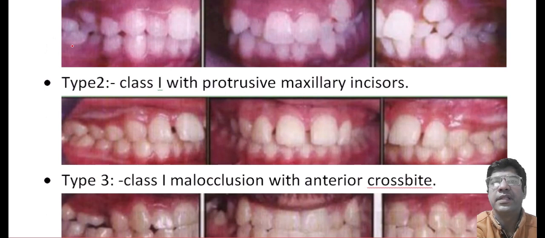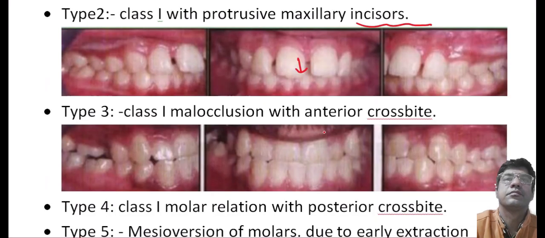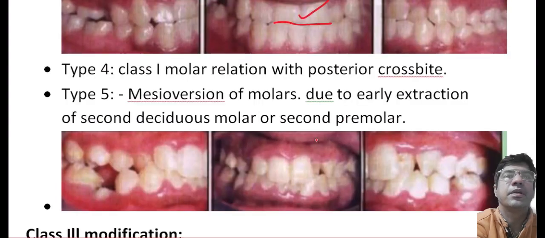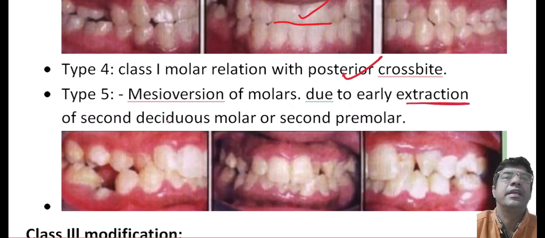Type 2 is Class 1 malocclusion with protrusive maxillary incisors. When there is anterior crossbite, that is Type 3, as you can see here. Type 4 is Class 1 molar relation with posterior crossbite. Type 5 is when there is mesioversion of the molars due to early extraction of the second deciduous molar teeth.